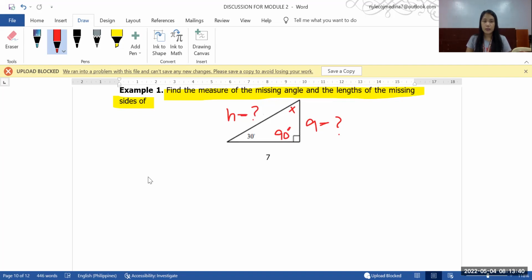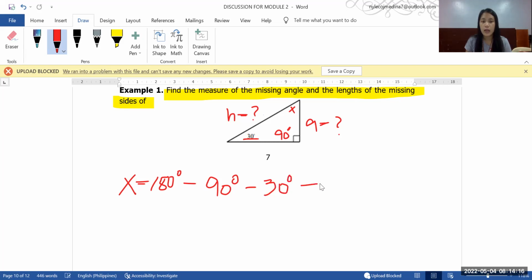Because the sum of the interior angles of a triangle is always 180. So if the sum of all angles in a triangle is 180, given the 30 degrees and 90 degrees, we just subtract. So X will be equal to 180 degrees minus 90 degrees, since it's given, and also minus 30 degrees, since it's also given.